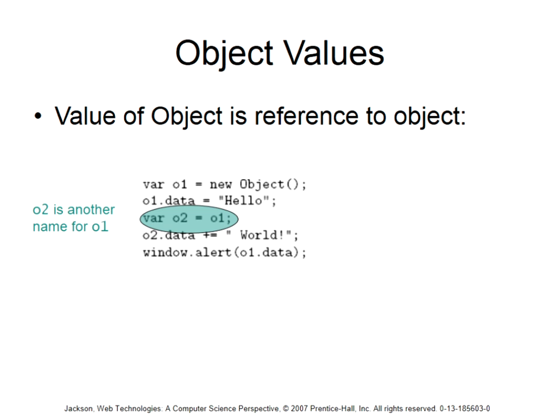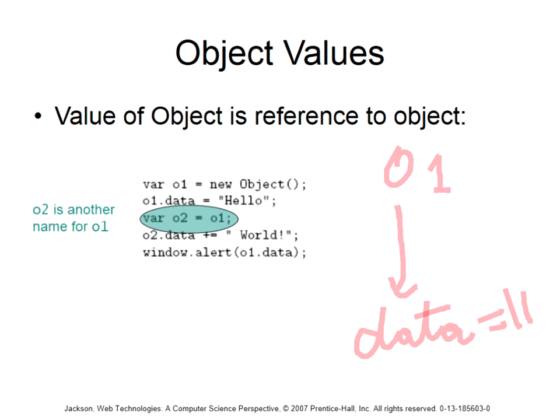Okay, so the value of an object is a reference to an object. For example, if I write var o1 = new Object(); o1.data = 'hello', that means here I have o1 referencing data equal hello.